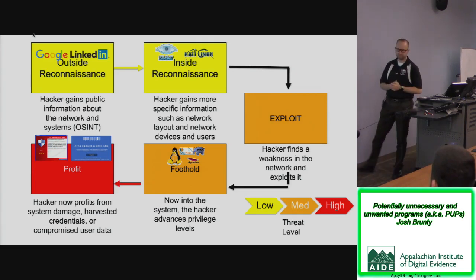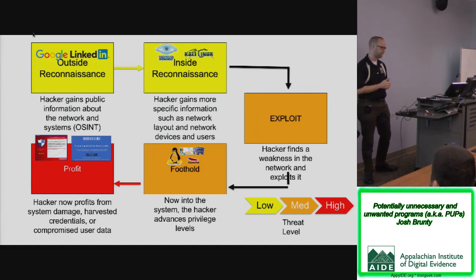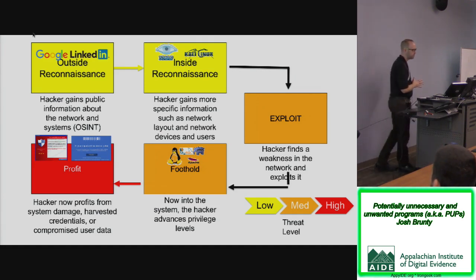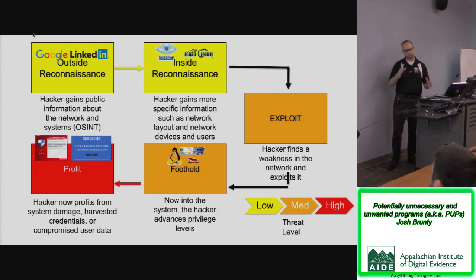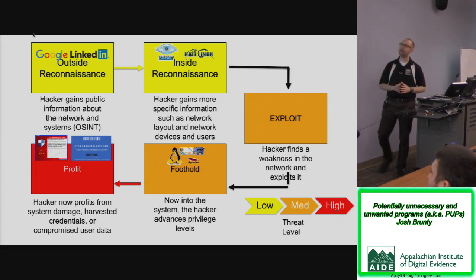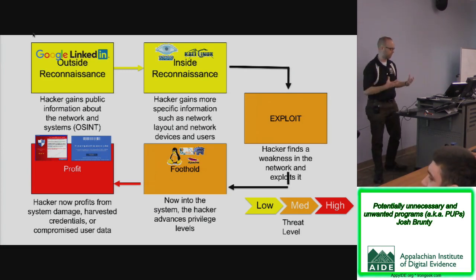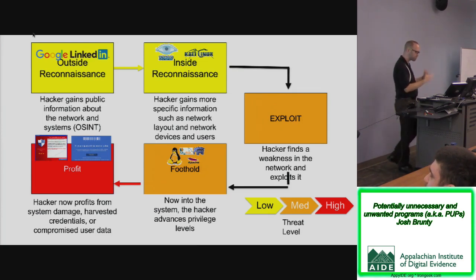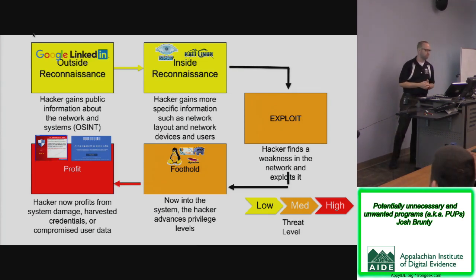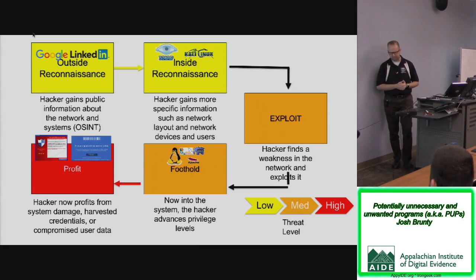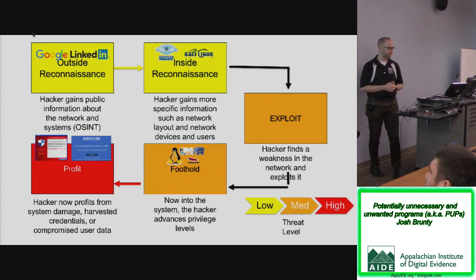If you were here for Tom's presentation when he was using the Discover scripts that Lee had written, a lot of that morphs into these outside and inside reconnaissance tasks that you perform, which comes down to open source intelligence.